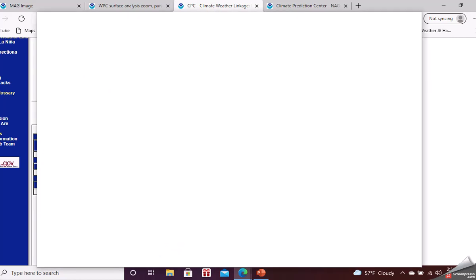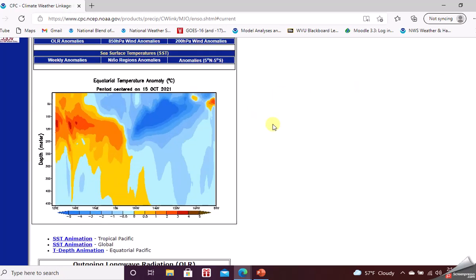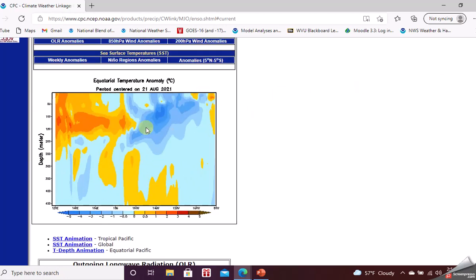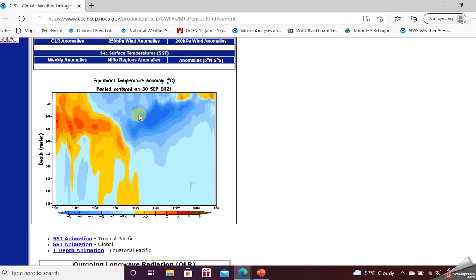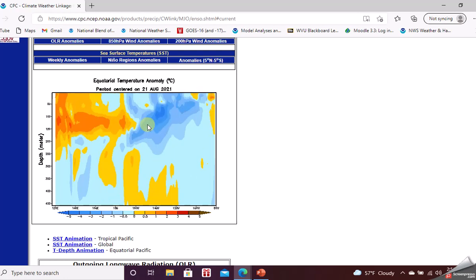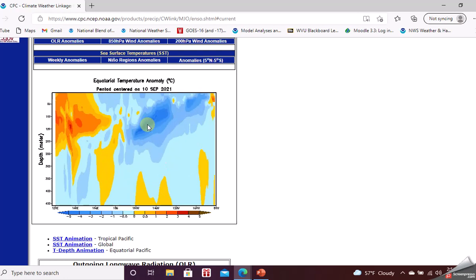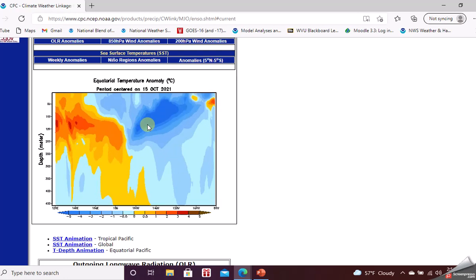Here is the current ocean cold water. These are temperatures below normal temperatures right now by depth. And what you're seeing here, there's a lot of cold ocean water deep down in the eastern half of the Pacific Ocean.